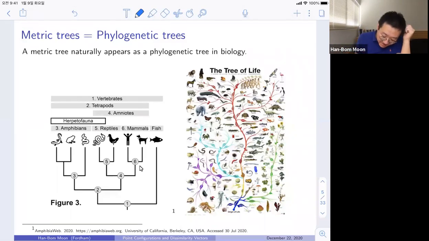So this tree diagram means here we have the original species, their taxa, the DNA branched out, and then we can make different species, and so on and so on. So we can try to understand the relation, the distance between many species by drawing this tree diagram. And this tree diagram can be naturally understood as an example of a metric tree. Okay.